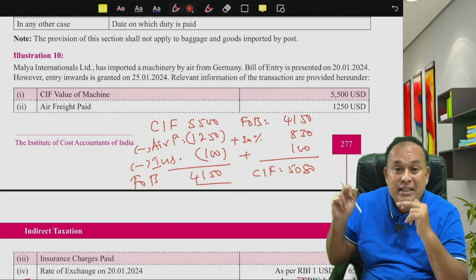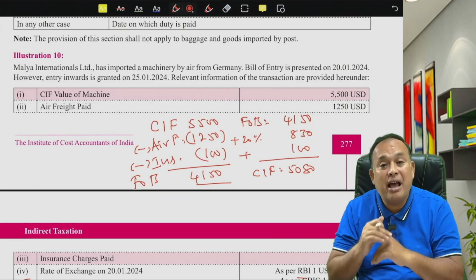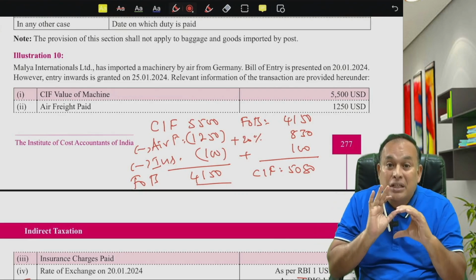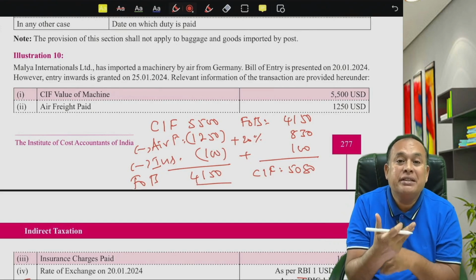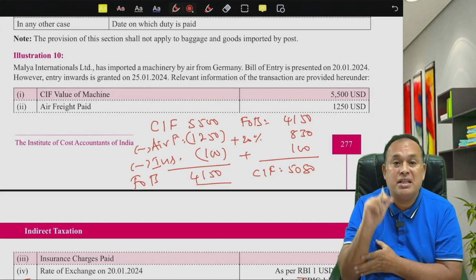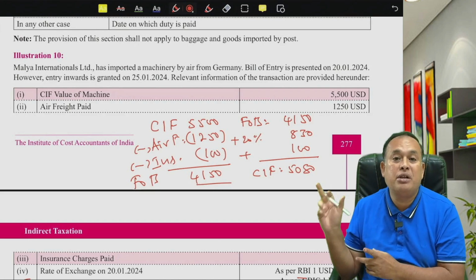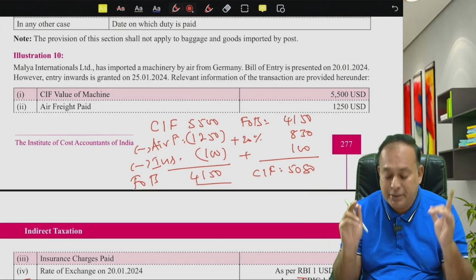Therefore, the given air freight you should deduct from the CIF value along with the insurance. Then you get the FOB value. On the FOB value, apply 20%. Thereby, 20% of the FOB value or the given air freight, whichever is less, is to be considered. So be alert and careful. This type of question is going to come in the examination.